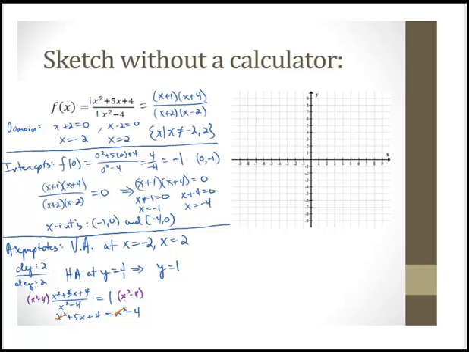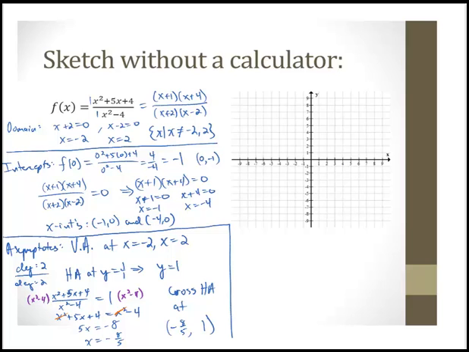And so now I have a linear equation, 5x plus 4 equals negative 4. I'm going to subtract 4 from both sides. 5x equals negative 8, and divide through by 5, and x equals negative 8/5. So I can cross the horizontal asymptote, and we'll cross it at negative 8/5, comma 1. So the curve does cross the horizontal asymptote at that point, negative 8/5, comma 1.